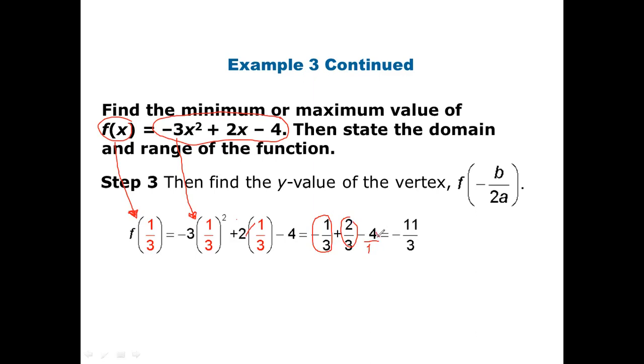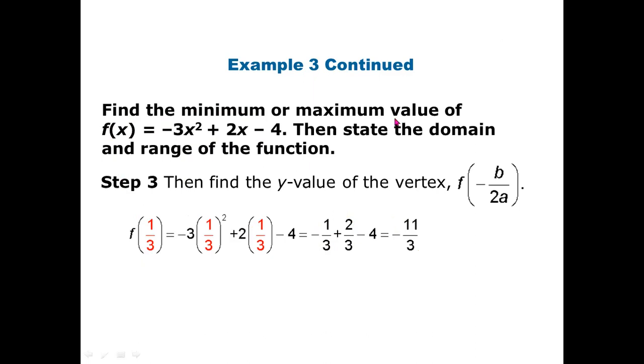So that is times 3 and then times 3 also, so that they will have the same denominator of 3. And then we can now perform the operation. -1 plus 2 minus 12 over 3. So therefore, we get now the function -11/3. Okay, so please follow. This is quite difficult.